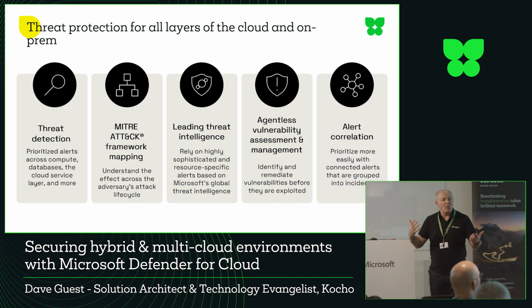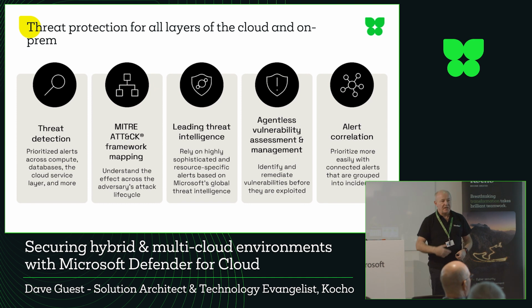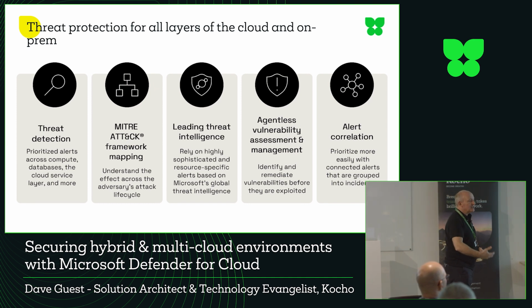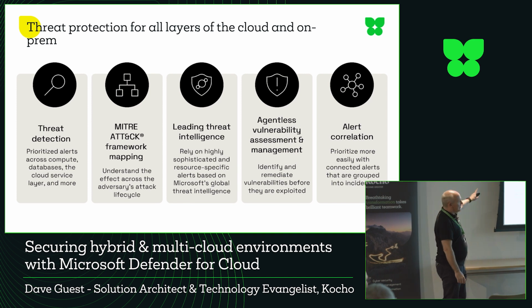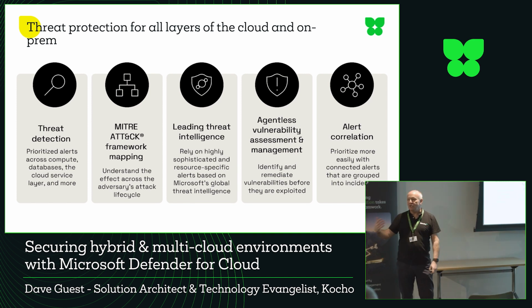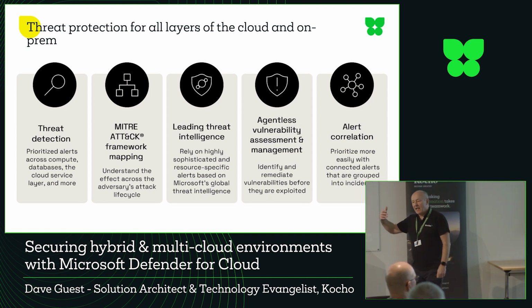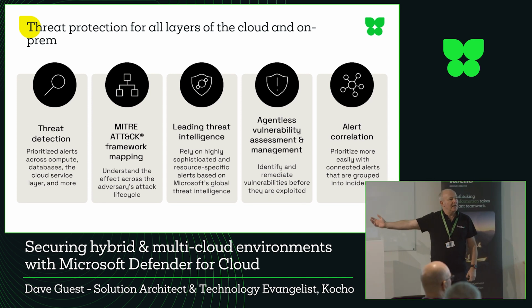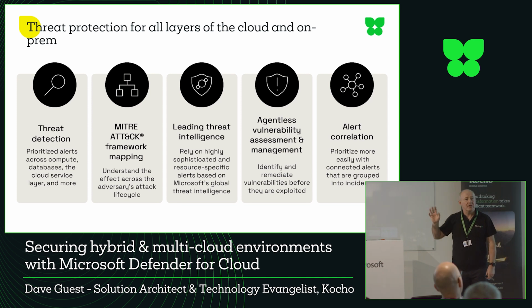So we need to make sure that all of this is protected in the right way, that we can see what is and isn't being protected. So, threat detection across the whole estate using Defender for Endpoint. Examine that using the MITRE framework, because the MITRE framework is probably the best thing out there today.